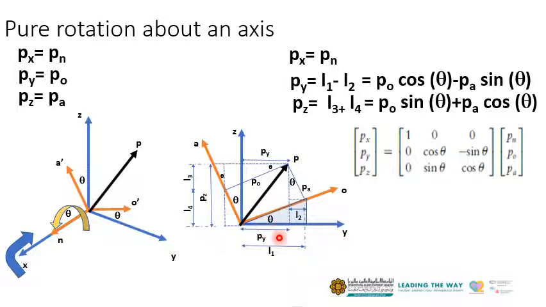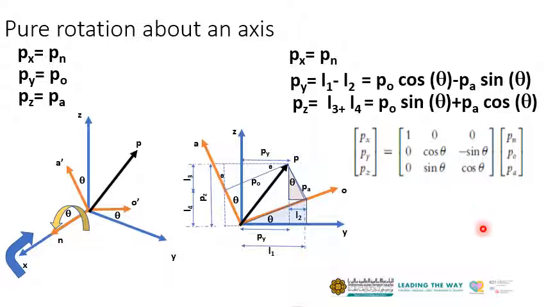So it's basically PO cos theta is L1. And from this triangle, we can see that L2 is basically PA sine theta, because this is PA, so we can write down PA sine theta.